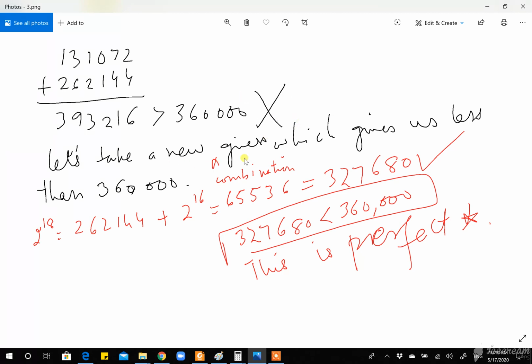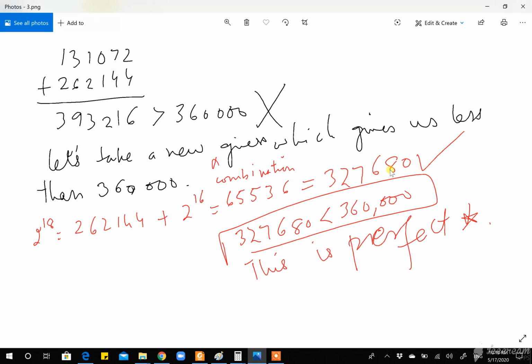Let's take a new combination which gives us less than 360,000 IP addresses. We have already calculated 2 power 18, which is 262,144. Why not take another IP address block separately, which is 2 power 16, giving me 65536 IP addresses.